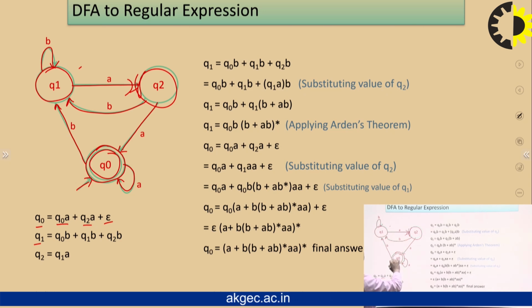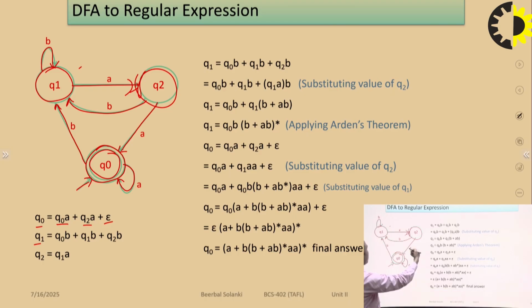We take Q naught, take the input A and the input B, so we reach the Q1 state, plus we give the input B at the state Q2, we reach the state Q1, also plus we can reach Q1 if we give the input B at the same state.